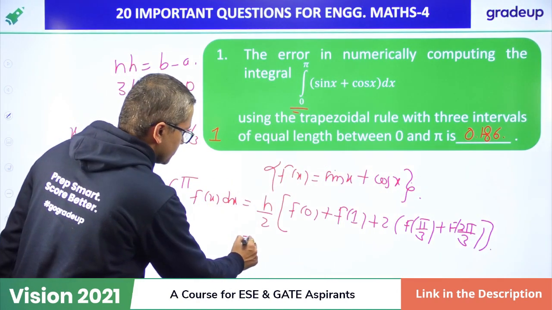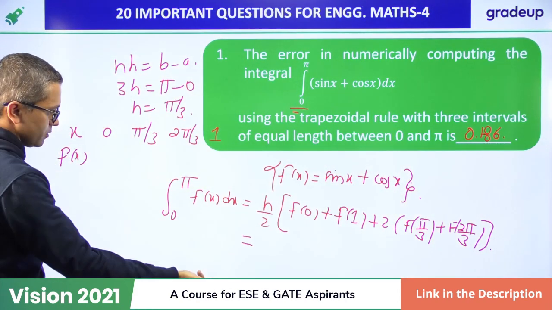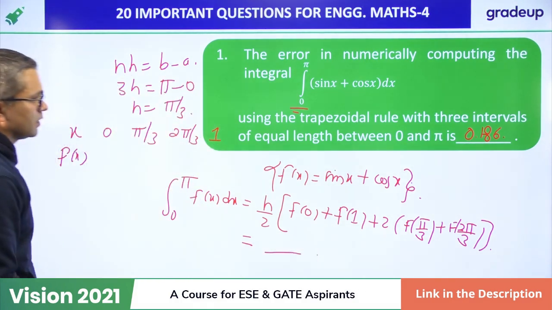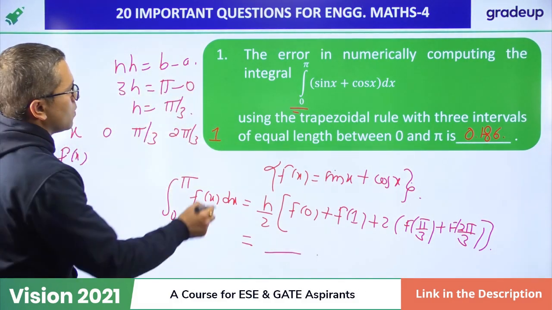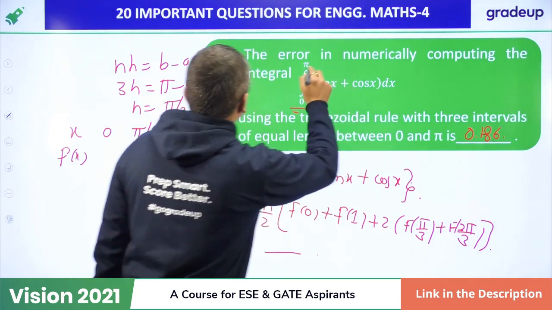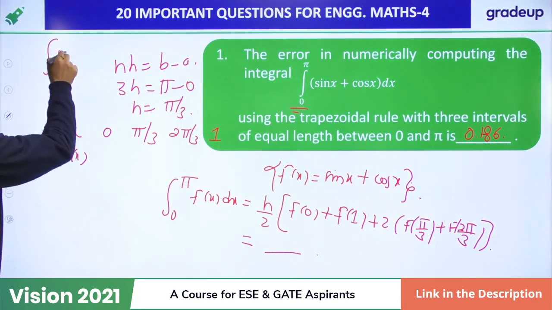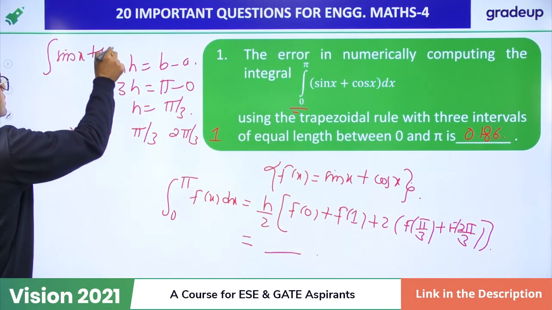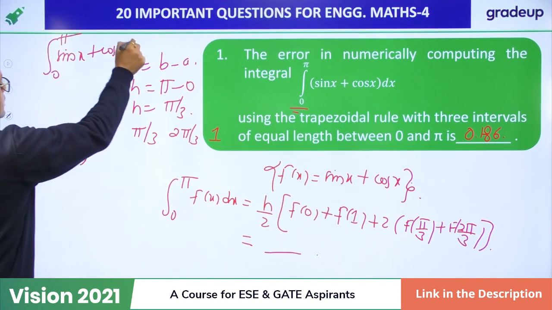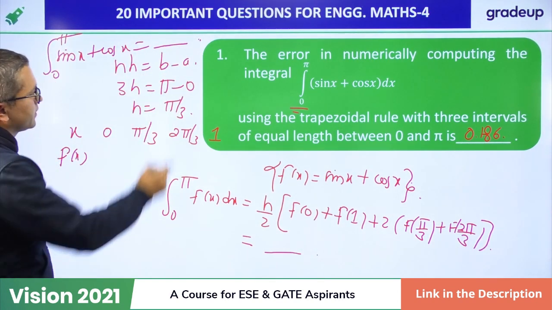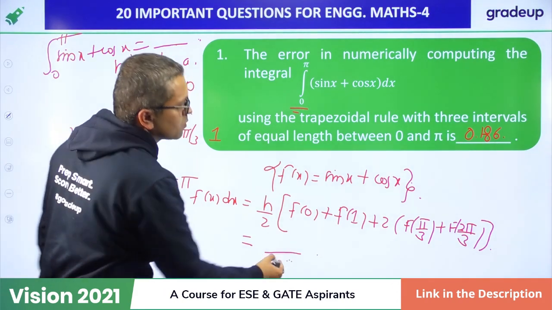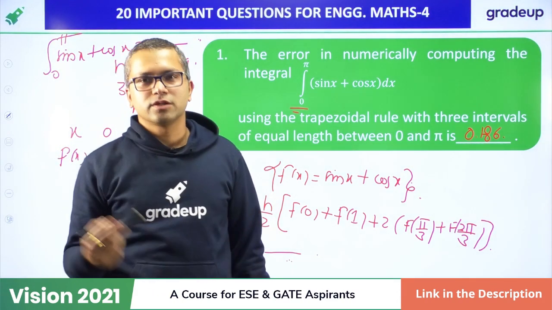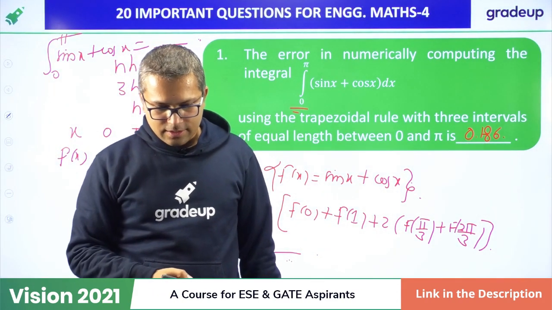So these values, if you put in h, you already know h is pi upon 3, all right? You'll get a value over here. Now once you integrate sin x plus cos x dx from 0 to pi, you will get a value here. The difference between this value and this value is what is asked. So this is the error.